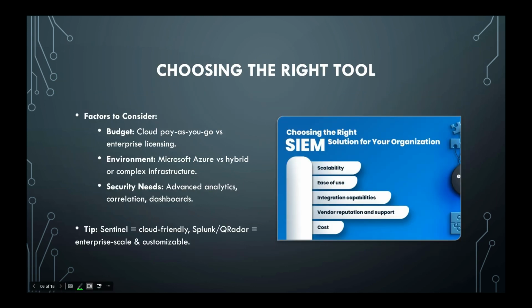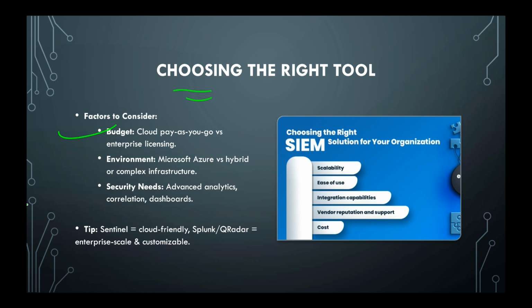Next, which tool is right for you? Choosing between Splunk, Sentinel, and QRadar comes down to a few key factors. Budget. If you are looking for a cost-effective option, especially in a cloud-first environment, Sentinel is the way to go. However, if you need an enterprise-grade tool that can scale and handle large data volumes, Splunk or QRadar may be better.